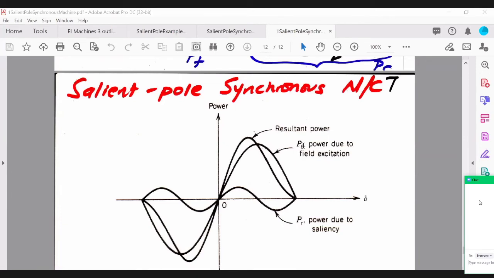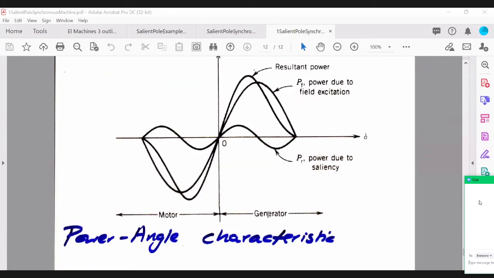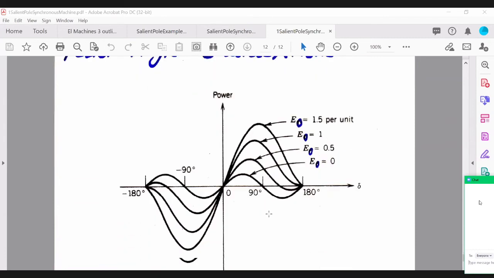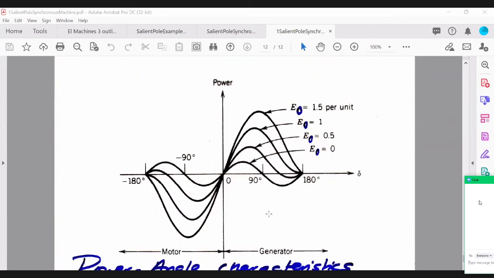And if we look at the effect of excitation on the power that's either being generated if the machine is in generator mode, or absorbed if it's in motor mode.